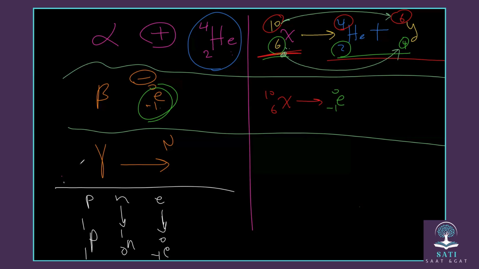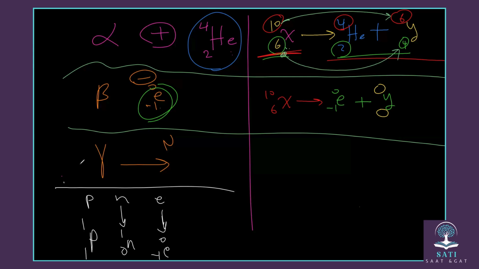This is now beta. And this element X, when it emits beta, will be changed into a new element, for example, Y. Now what will happen to its atomic mass and its atomic number? Based on conservation of mass number and atomic number, we can see what the numbers will be.